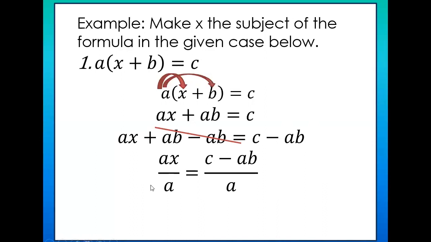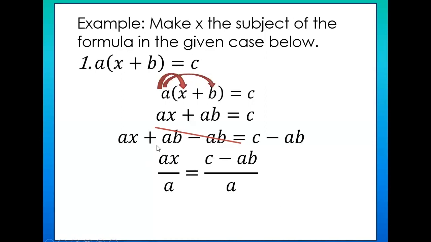Now, the next step that we have to do is to remove a on this side of x. By doing that, we do the inverse operation, because between a and x, the operation here is multiplication.